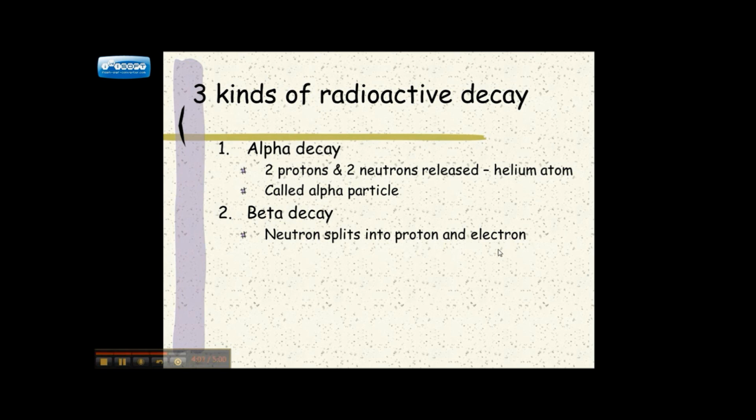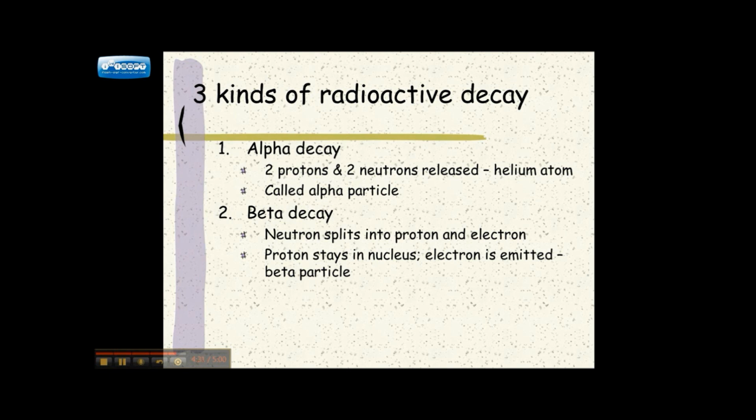The electron is released. So proton stays, electron is emitted. And the electron is what you call the beta particle. This is higher energy than alpha decay, so it is increasing in energy in terms of how much energy is released. Beta decay will still be stopped by skin. You probably want to use something like wood instead of a piece of paper, but it's still not very dangerous at all.